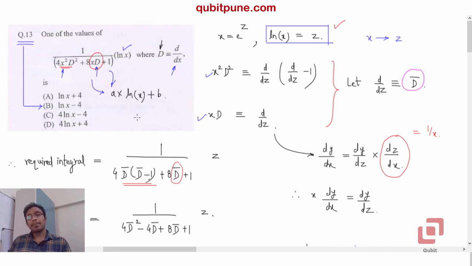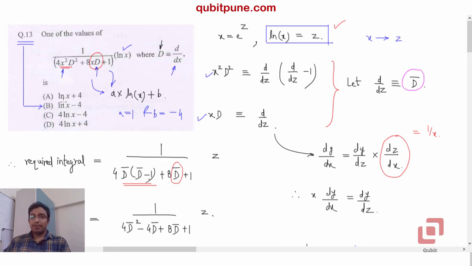Here it is 1, and based on that you will get the values of a and b, and a should turn out to be 1 and b should turn out to be -4, as is the case with option B. Okay, so even without knowing how to solve it by the Cauchy-Euler differential equation method, you can solve the problem by cleverly utilizing the common things among all the 4 options. Okay, so this was question number 13.